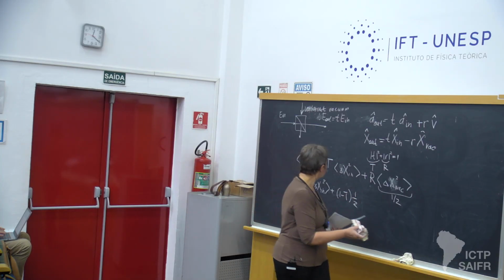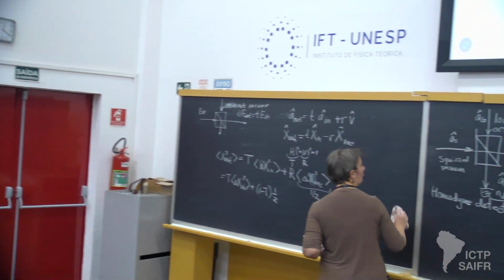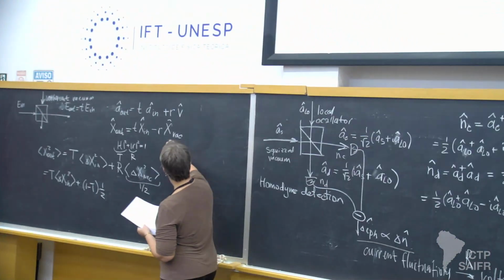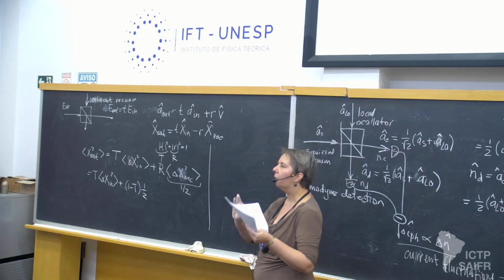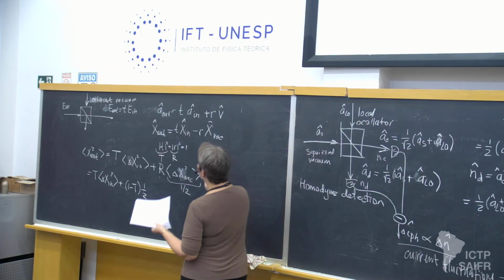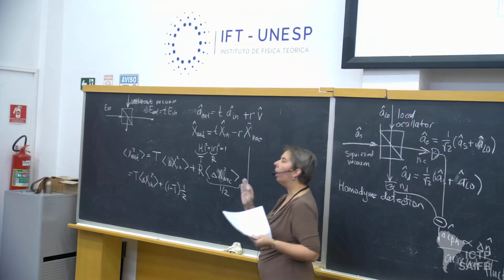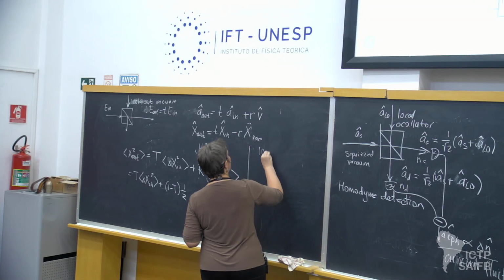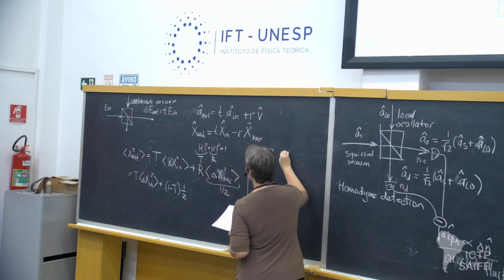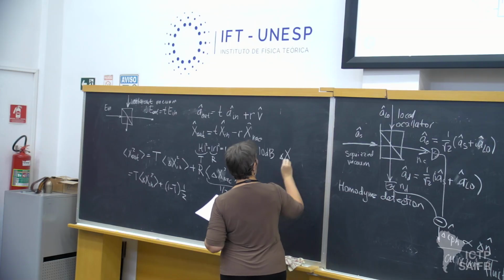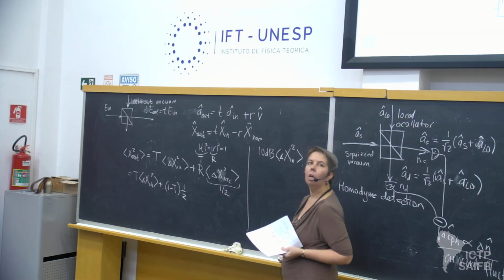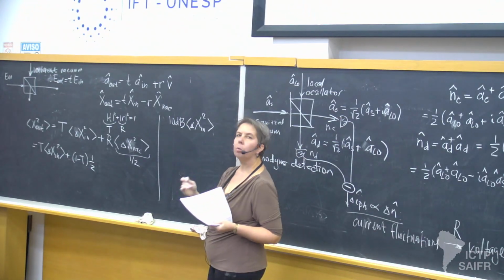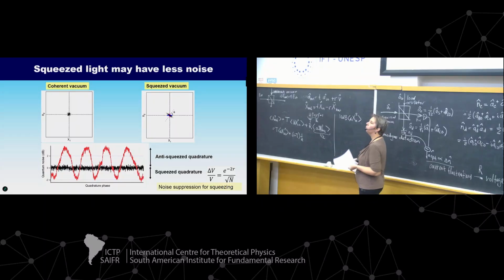Now, it might not look too bad, but it's actually pretty bad. So let's say we have one of those amazing squeezing detectors, and it's so good, it's 10 dB. That means that if we have 10 dB of squeezing, the fluctuations of our field, let's say fresh off our squeezer, are going to be 10 times less than for the corresponding coherent field.